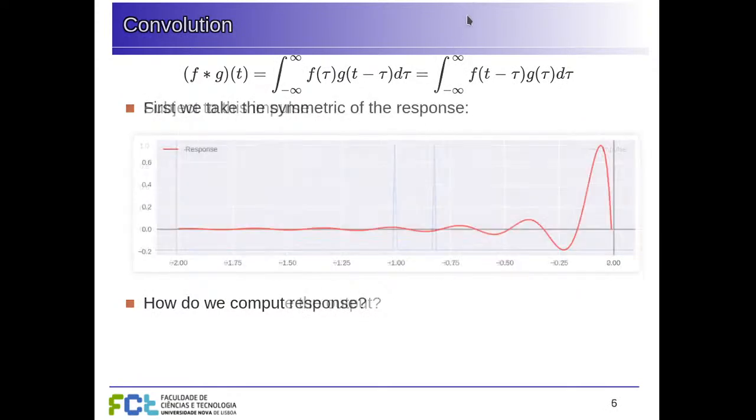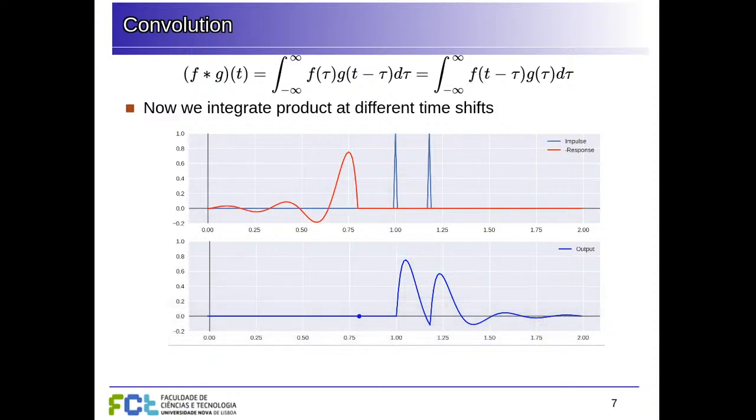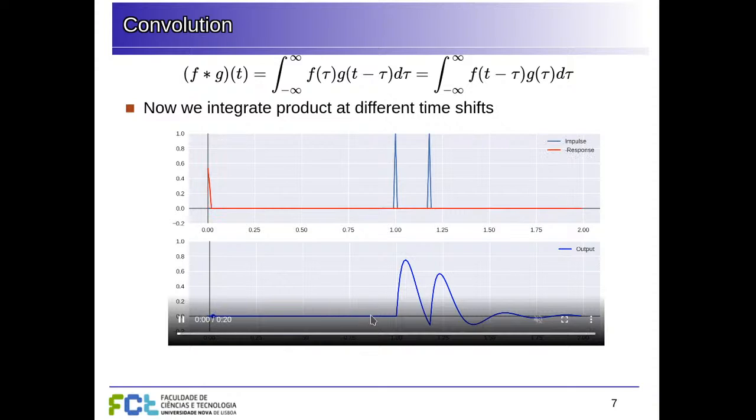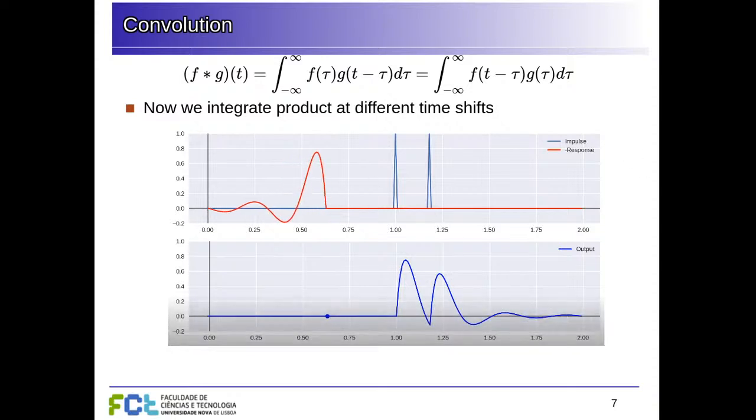At time 0, nothing is happening because we are multiplying by those zeros. When we reach the time where the first hammer strikes, we start having this oscillation, and then the second strike. This is the convolution function as a function of t for different time displacements, computed by those integrals on the two original functions.